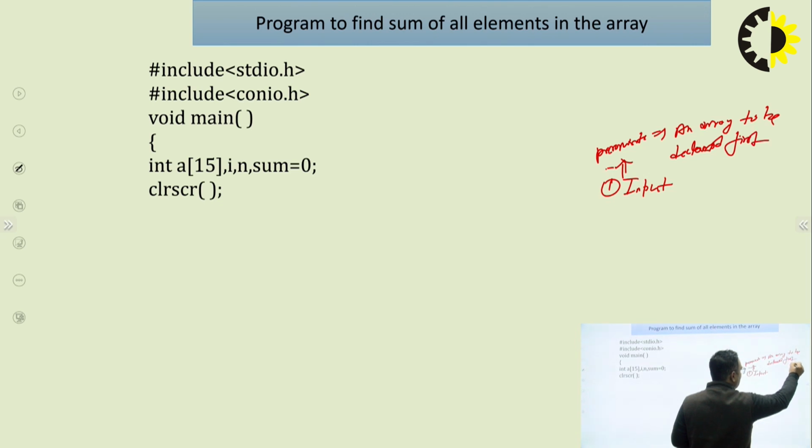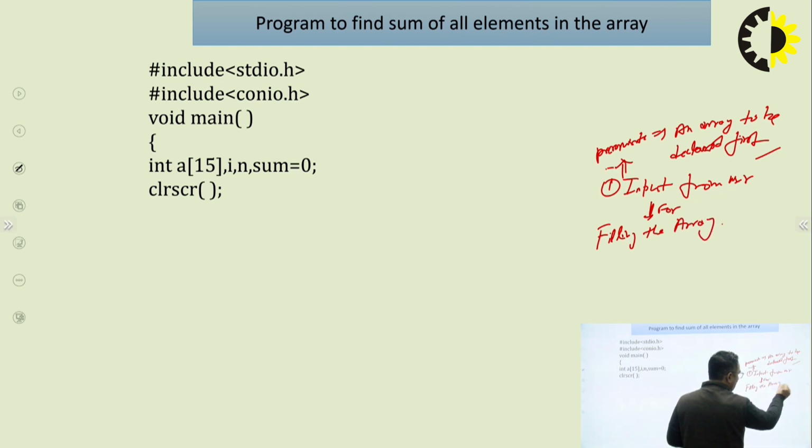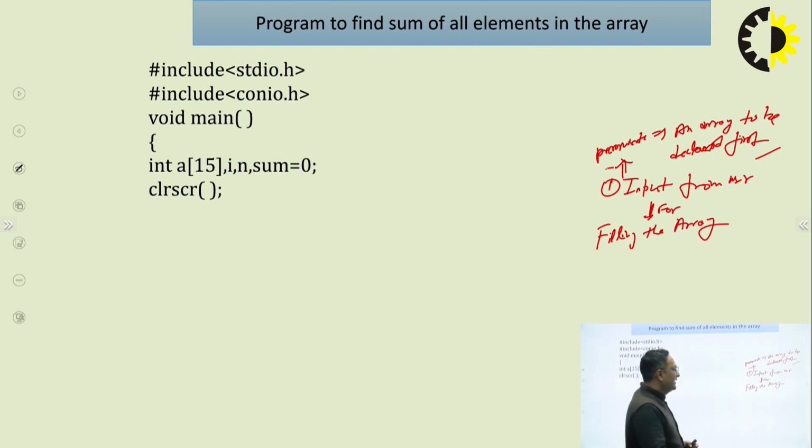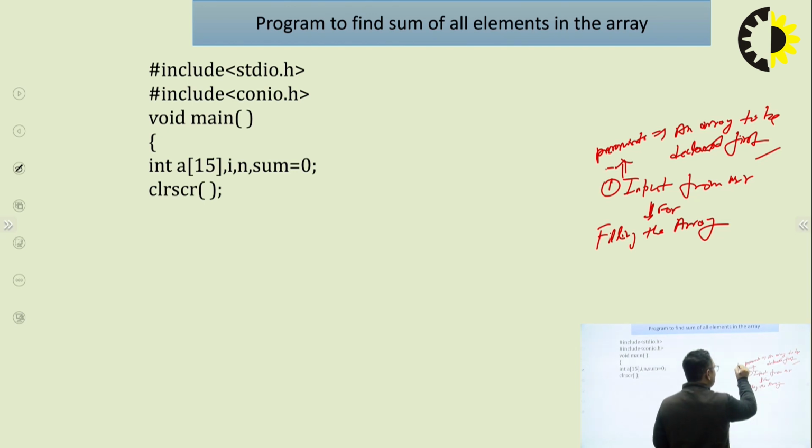This is the prerequisite in the program. Then you will take input from the user. For what? For filling the array. You will take input. So this is the prerequisite step, and then step 1.